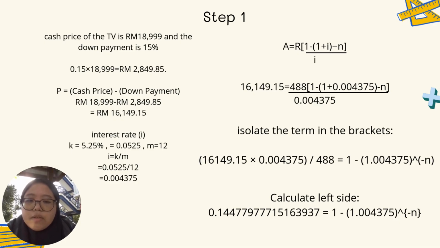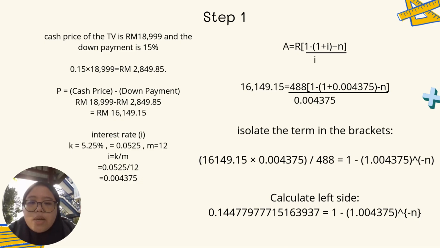RM 16,149.15 equals 488 [(1 minus (1.004375) to the power of negative n) divided by 0.004375].